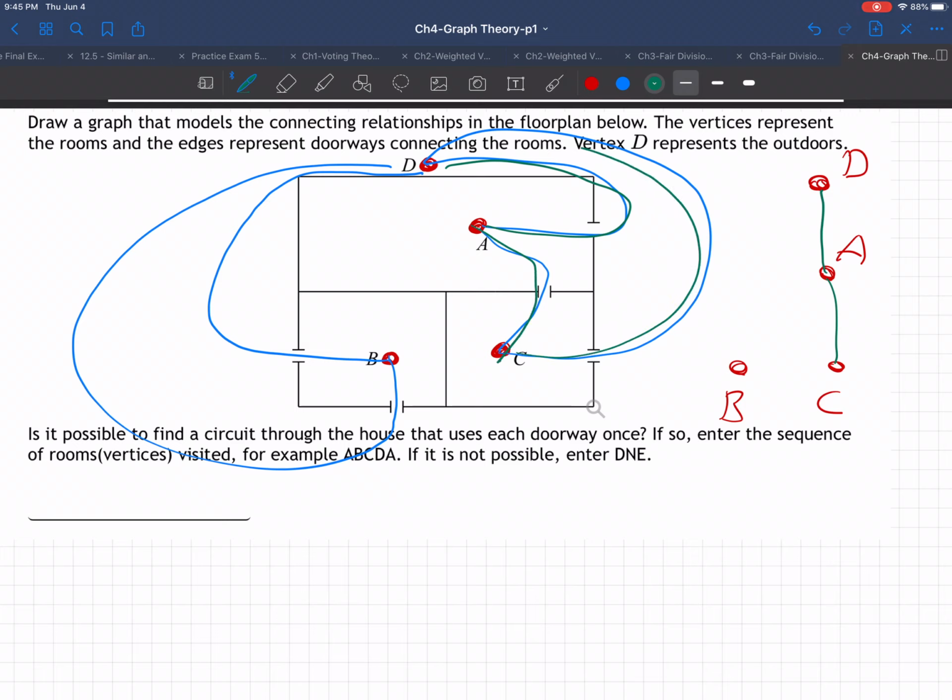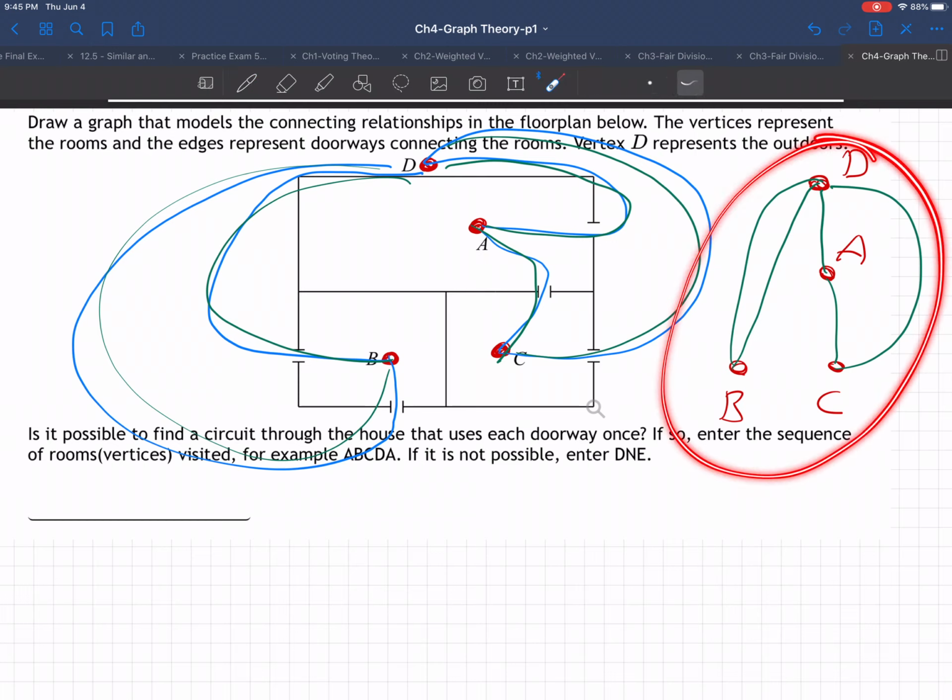And then C goes up to D. And then B has 2 lines going to D. And nothing else. So over here now is a simpler version of our household. Our house and the paths between rooms and outdoors. So now that's a graph.